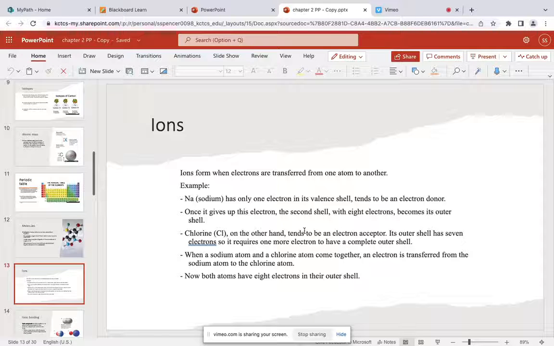So let's just go over some definitions that we've already highlighted so far, right? So we said that atoms are made up of subatomic particles. They're made up of protons, neutrons, and electrons. Protons and neutrons exist where? Within the nucleus, right? Protons are positively charged.